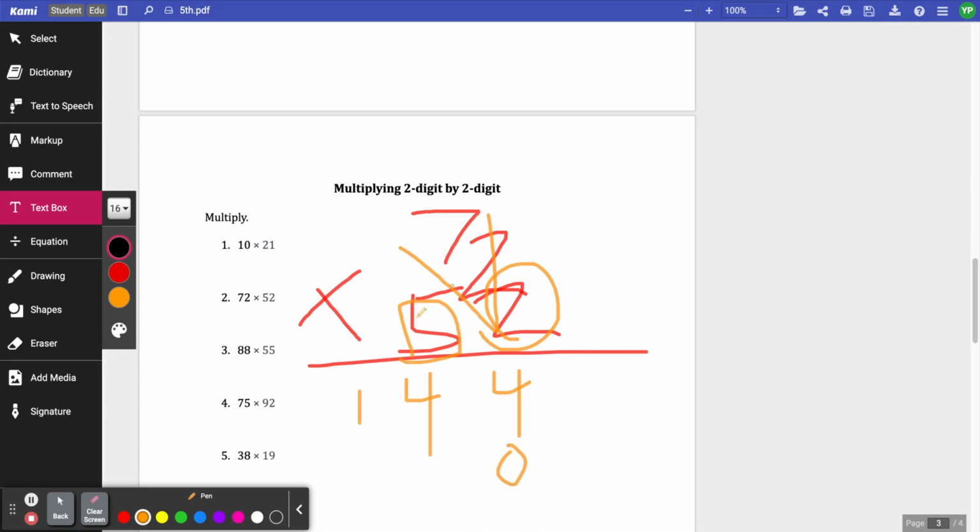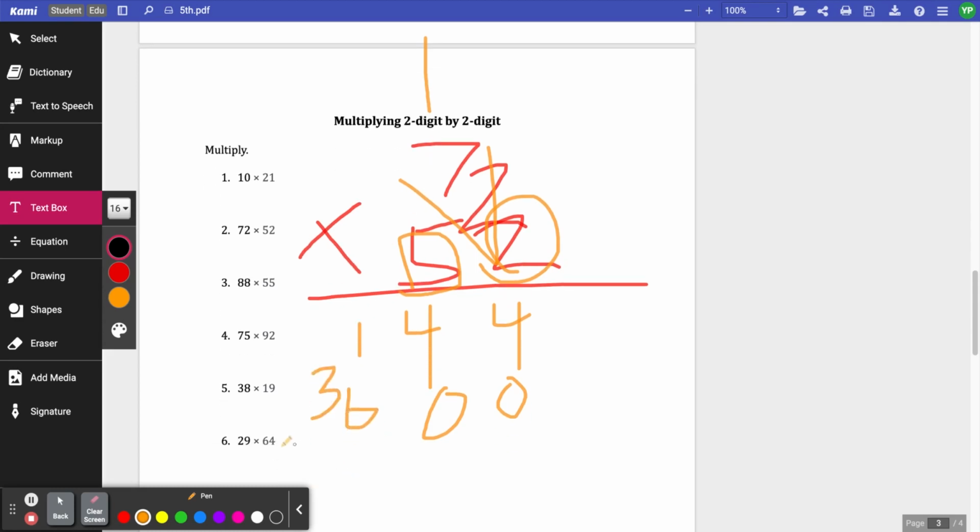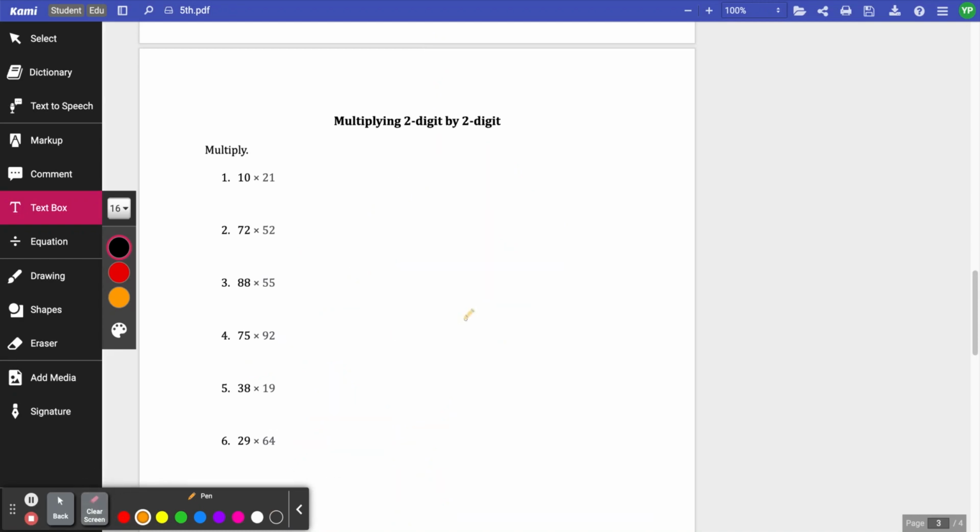Then 5 times 2 is 10, so you put another 0 and put a 1 up here. 5 times 7 is 35. 35 plus 1 is 36. Then you add everything and you get 3,744.